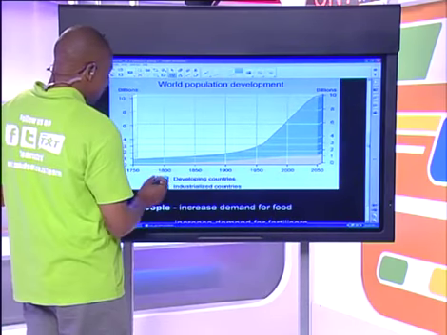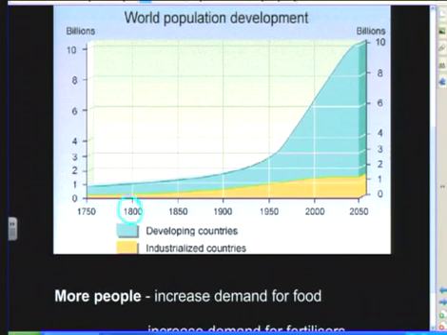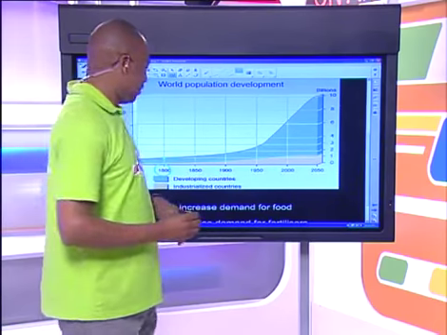Let me explain this graph a little bit. Around 1800, we were around 1 billion people in the whole world.